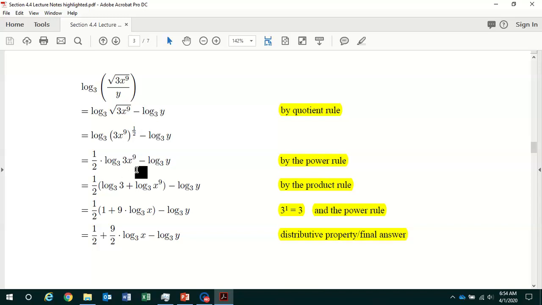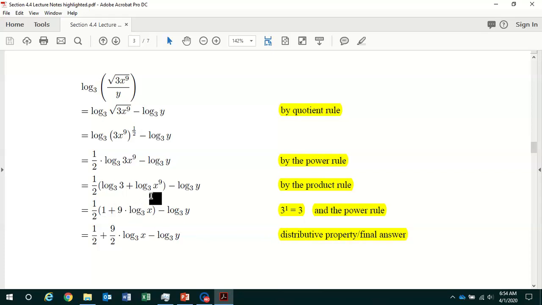And so we can split this log up using the product rule. Log base 3 of 3 times x to the 9th is equal to log base 3 of 3 plus log base 3 of x to the 9th. Well, log base 3 of 3 in parentheses here is equal to 1, because 3 to the first is equal to 3. So log base 3 of 3 is equal to 1.